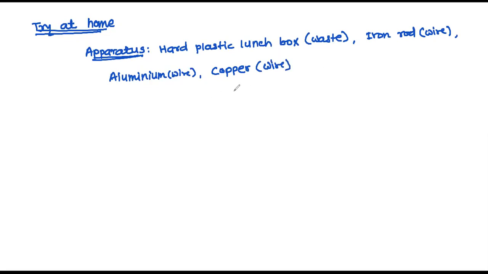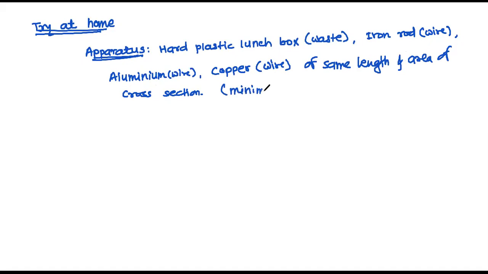Iron rod, aluminum rod, copper rod or wire of same length and same area of cross section. Any two out of these, minimum 2 is required, must.